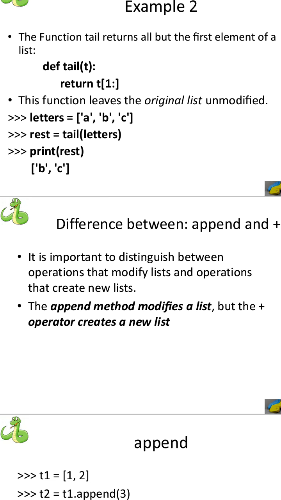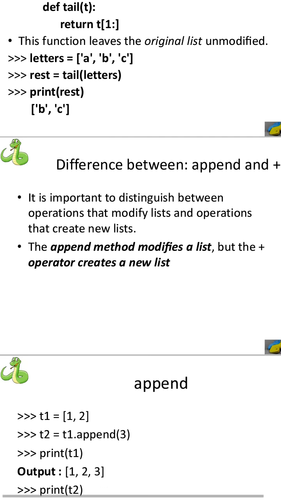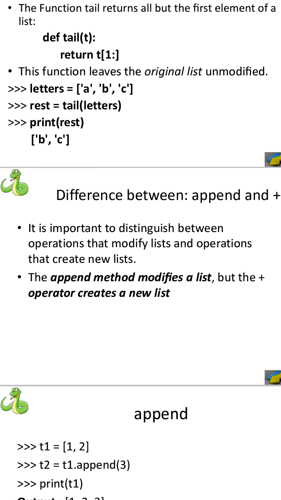When I print rest, as the extracted elements are from first to the end, it has B at the first index and C till the end. B and C are returned from the tail function, and the same is shown in the output.